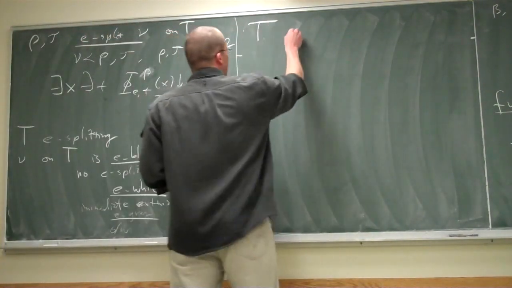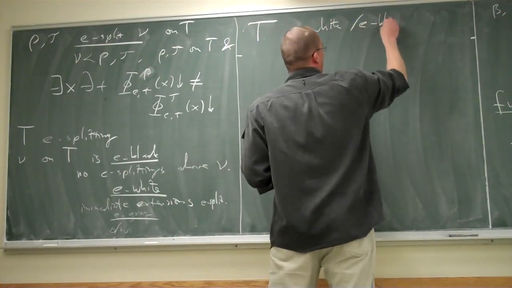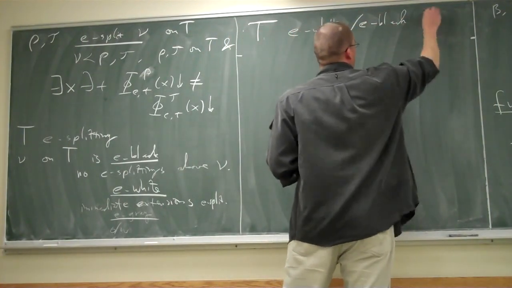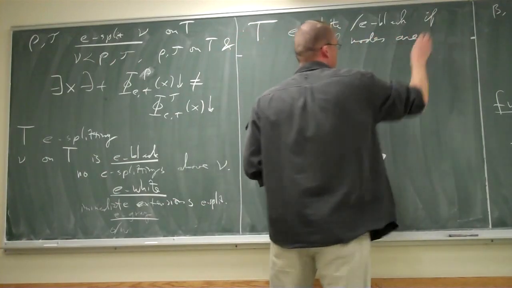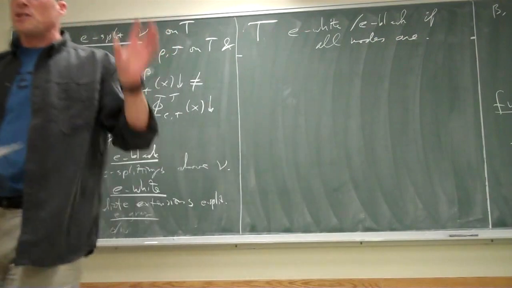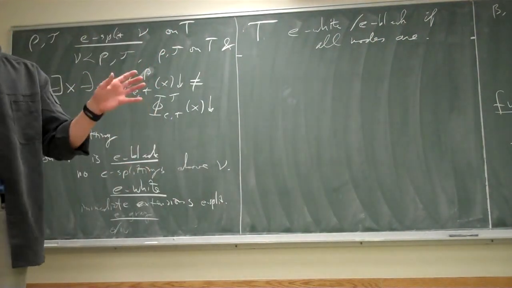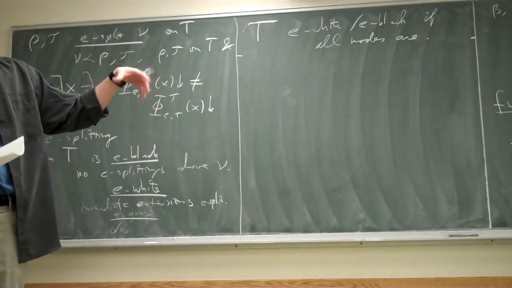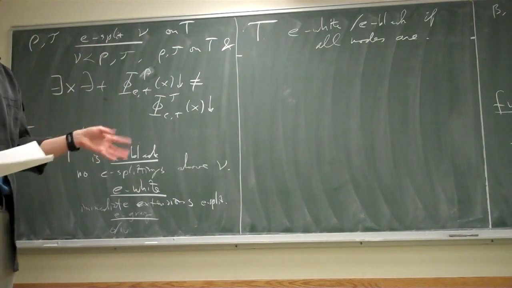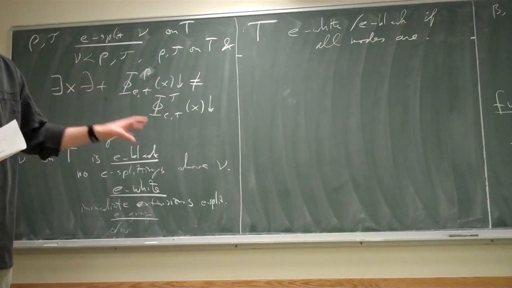A tree T is E white or E black if all nodes are. So E black just means all nodes are E black. E white means all nodes are E white. It's monochromatic. Otherwise, the tree, surprise, surprise, is E gray. But of course, E gray doesn't mean that all nodes are E gray.